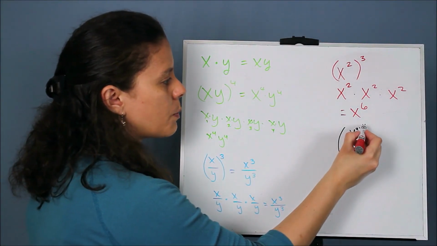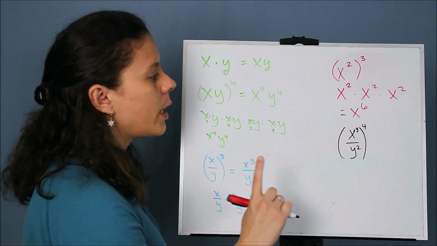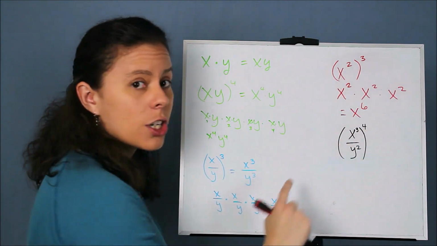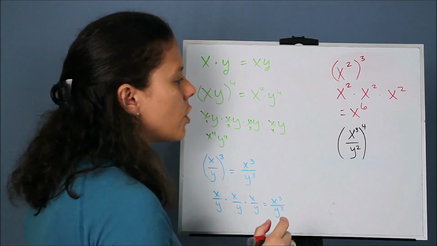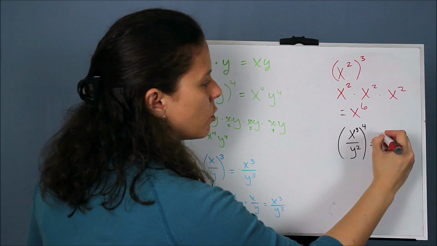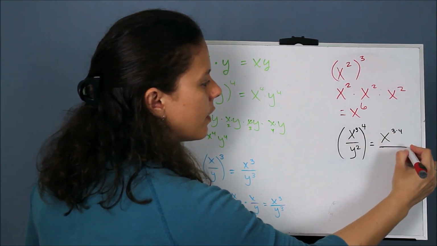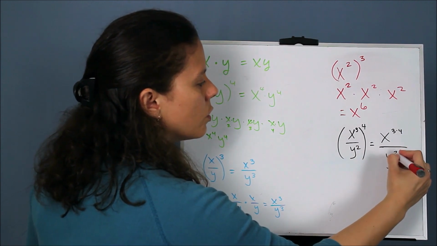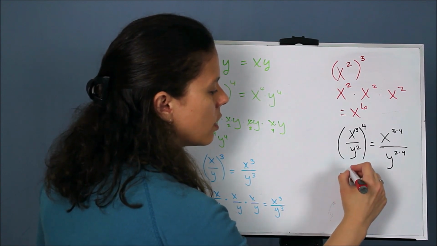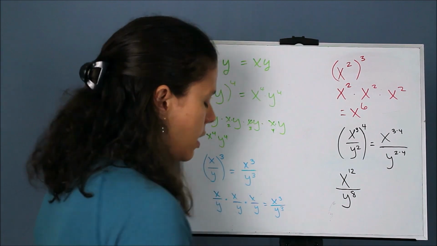We know that this exponent is going to be distributed to both the top and the bottom, and we know that what that is going to result in is a multiplication of those exponents, okay? So we're going to distribute that 4 to both of them. So I'm going to do x to the 3 times 4 divided by y to the second times 4. So this is going to be x to the 12th power divided by y to the 8th power.